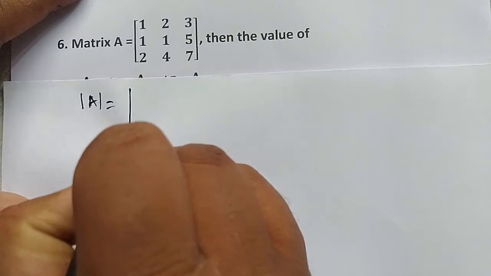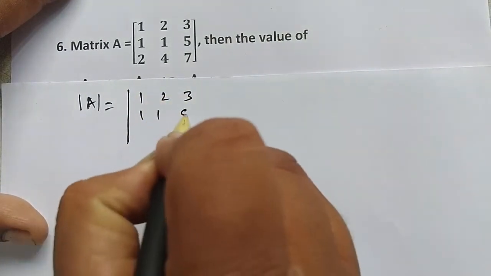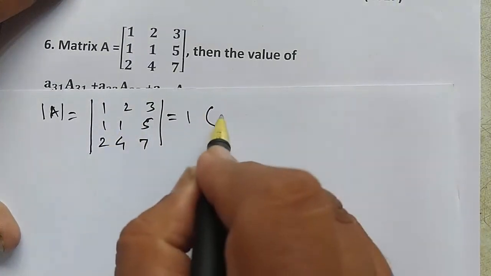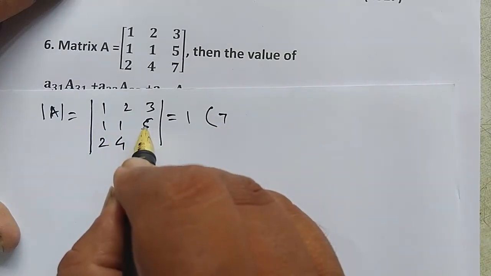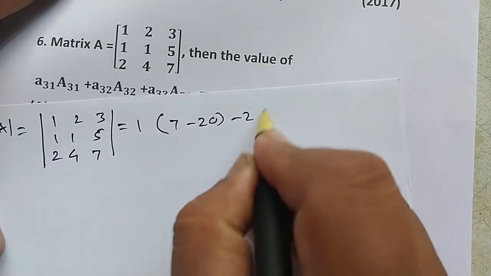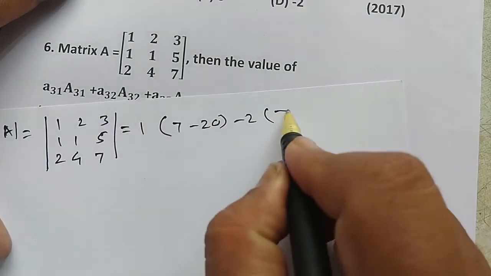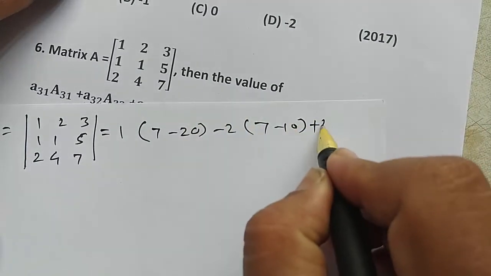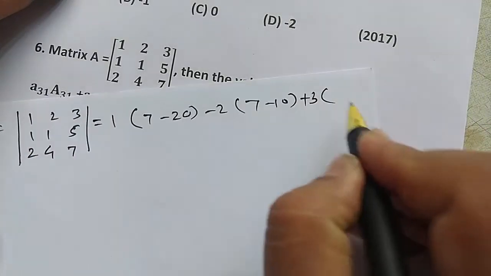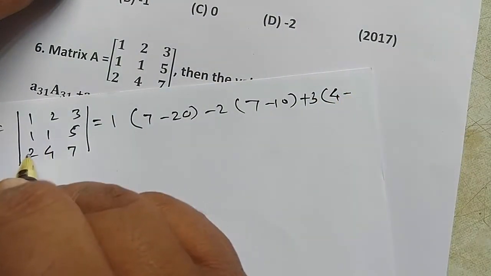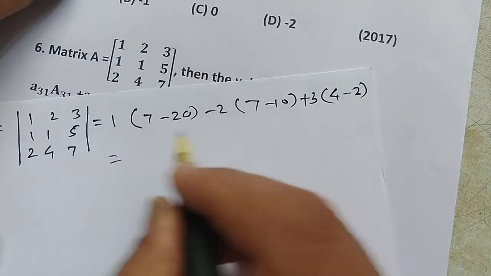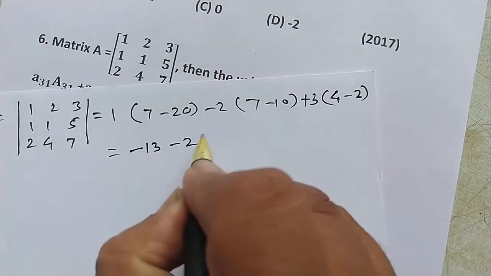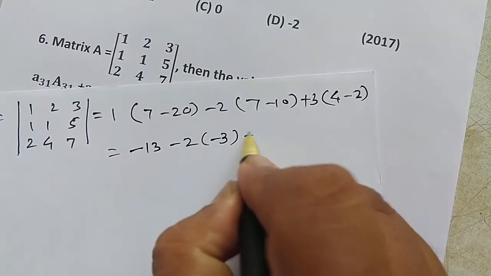So it is equal to 1, 2, 3; 1, 1, 5; 2, 4, 7, which is 1 into 7 minus 4 into 5, that is minus 13, minus 2 into 1 into 7 minus 2 into 5, that is minus 3, plus 3 into 1 into 4 minus 2 into 1, that is 2.